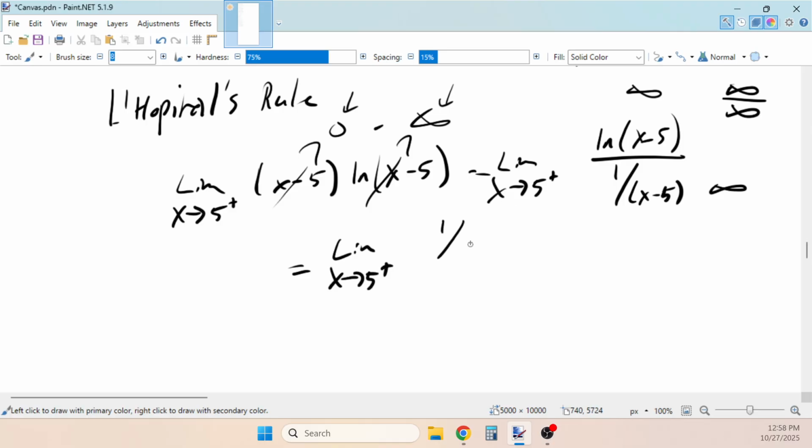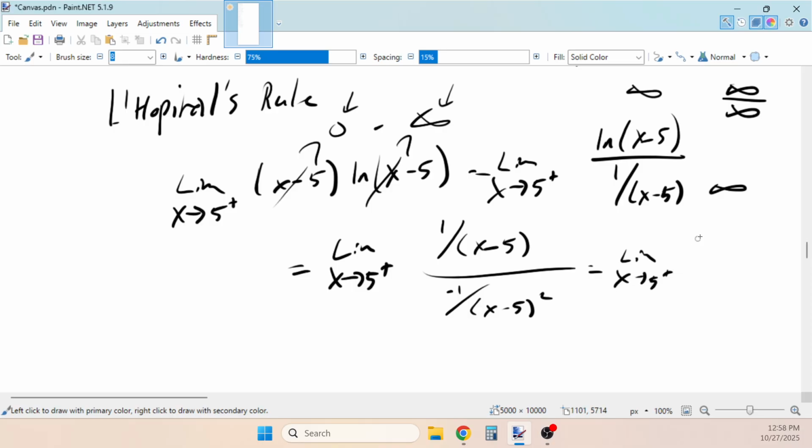The top becomes 1 over x minus 5. That's what happens with logarithms and derivatives. The bottom becomes negative 1 over x minus 5 squared. Cool. Write this as 1 over x minus 5 divided by negative 1 over x minus 5 squared.